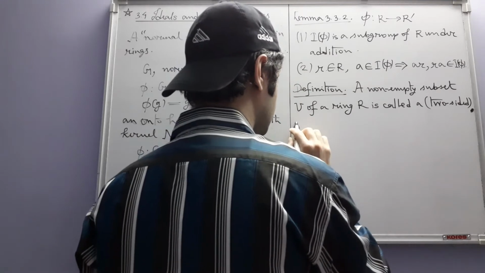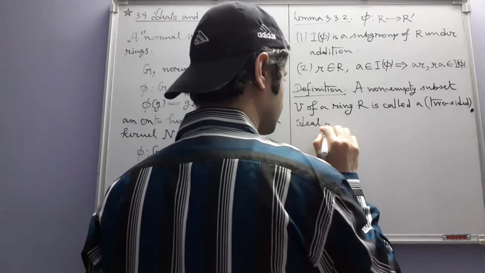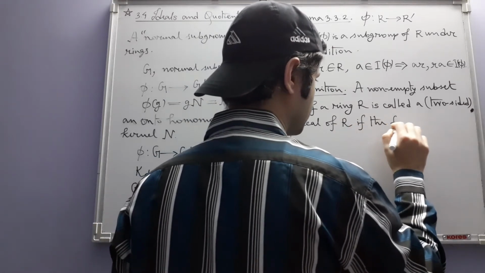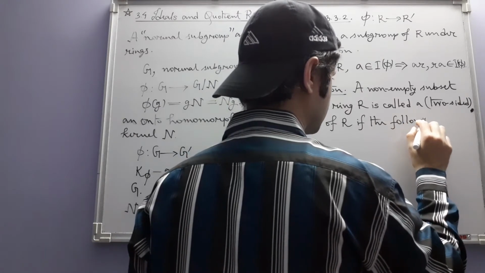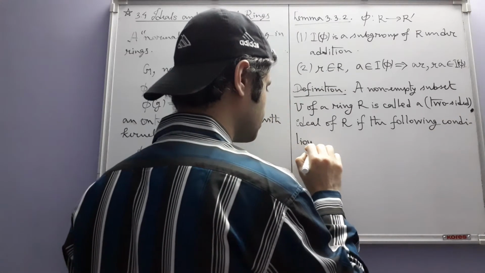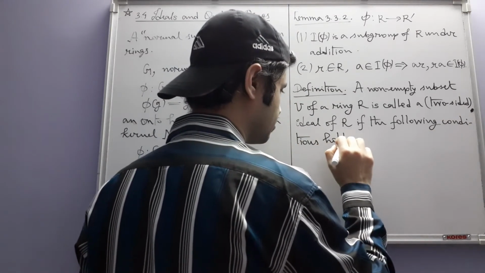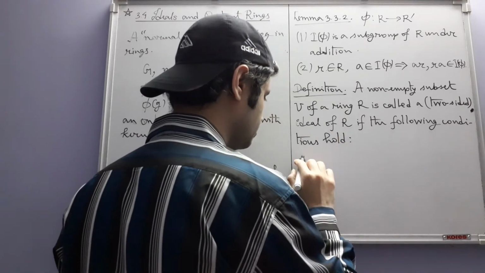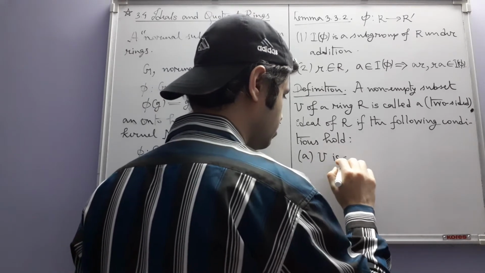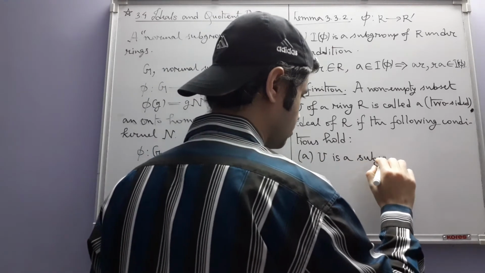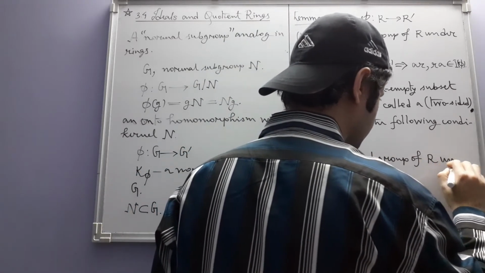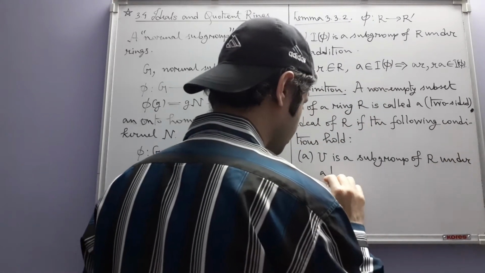Condition A: U is a subgroup of R under addition.